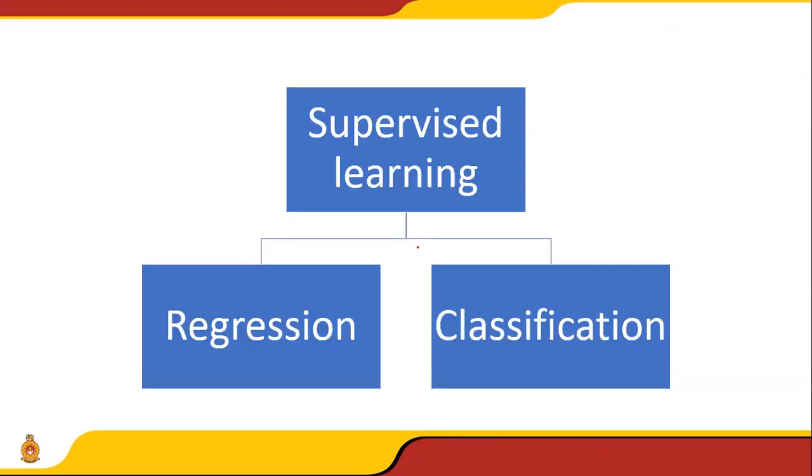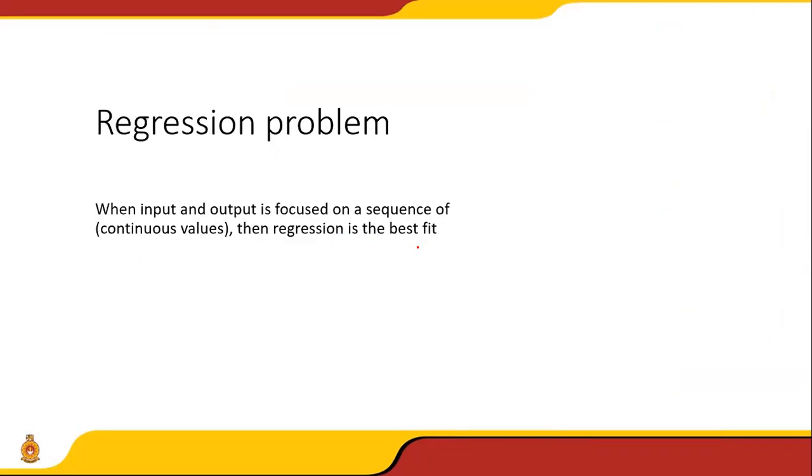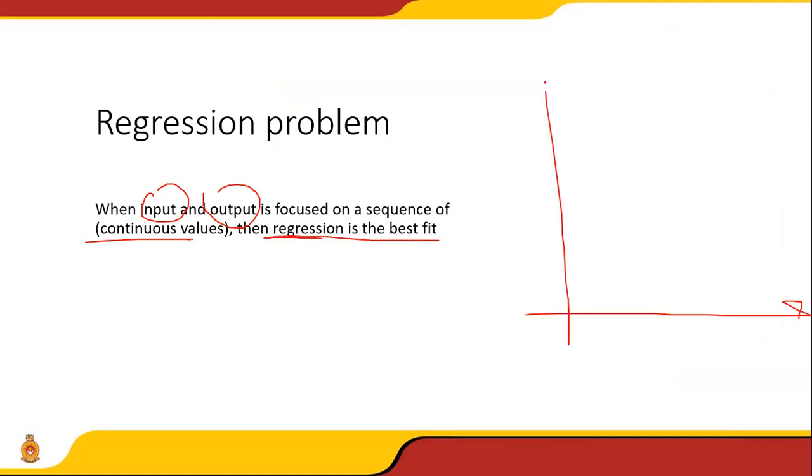Again, we have supervised learning under which we have regression and classification. Regression problem means when there's an input and the output is a continuous value, then regression is the best fit. For example, take the very previous example: the same amount of water we are pouring on a plant, the days and the growth.